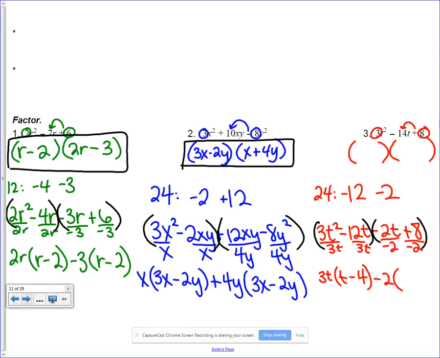What do you get when you divide out that negative 2? T minus 4. Do they match? Uh-huh. Looks good, right? So you have a repeated factor of t minus 4 and a leftover factor of 3t minus 2.